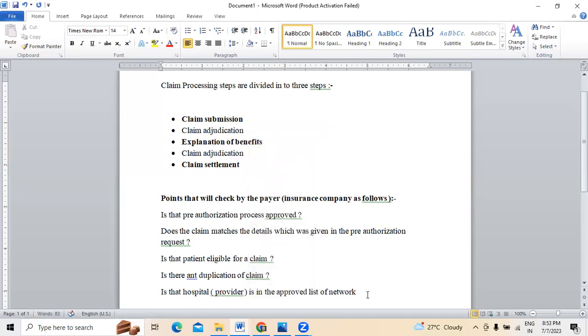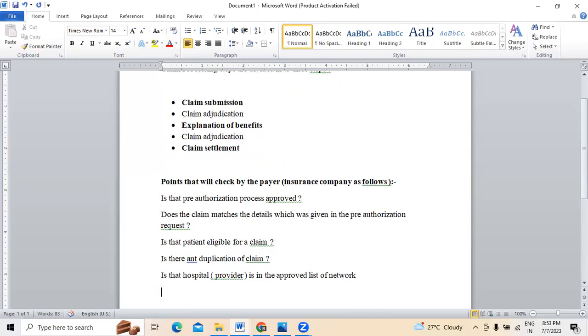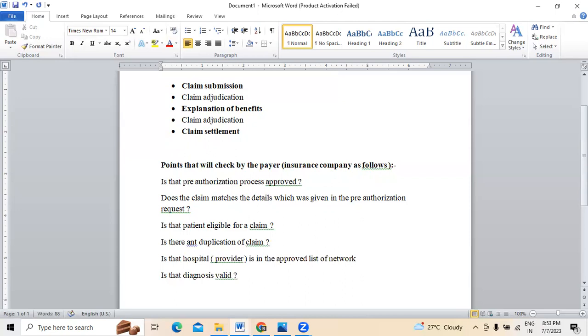We have to see that, because normally there will be two networks, East and West. In which network is this hospital? Will it be in this approved list or not? That is what they have to see. Next, is the diagnosis that they have made for the patient valid or not?